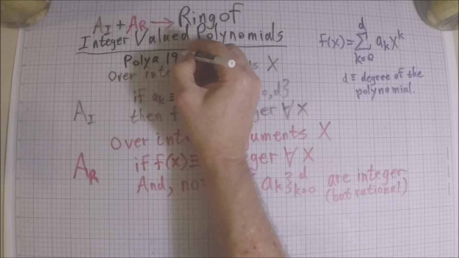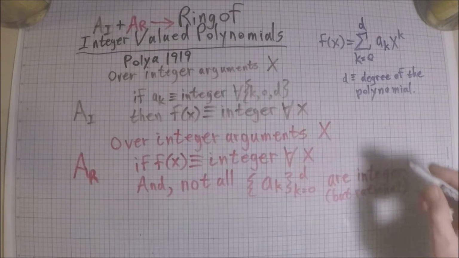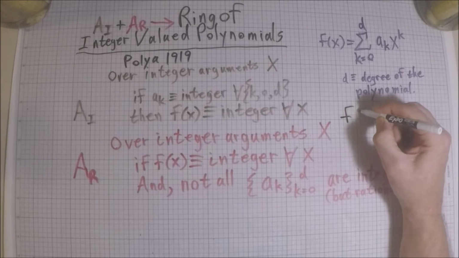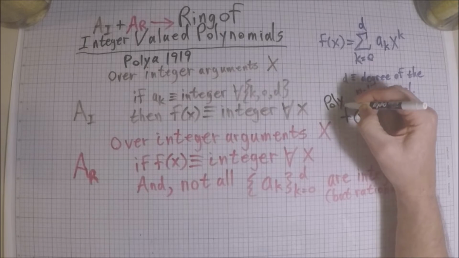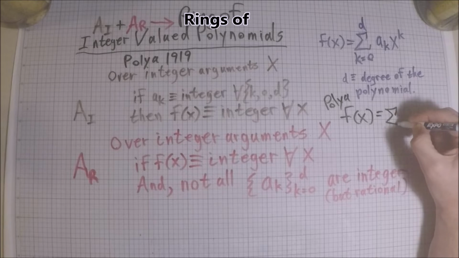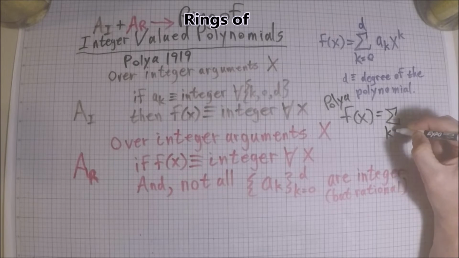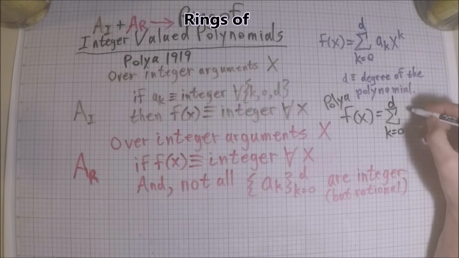Note here that I did not mean to imply that AI plus AR is a single ring of integer valued polynomials. In fact, that there is not a single ring, that the basis is sort of fractured, is part of the charm and intrigue of integer valued polynomials.